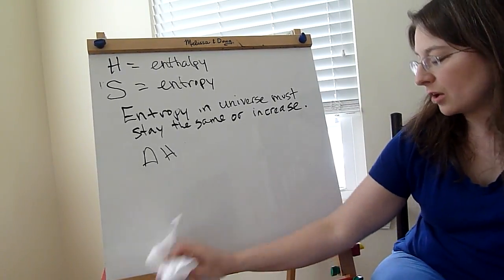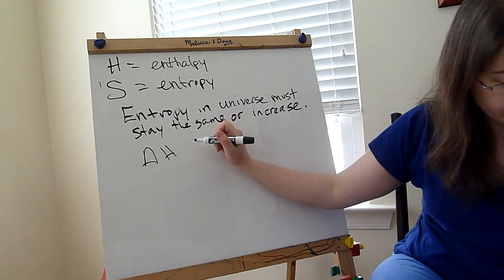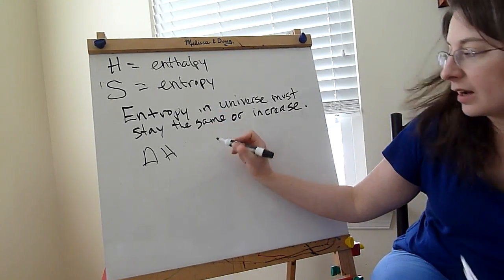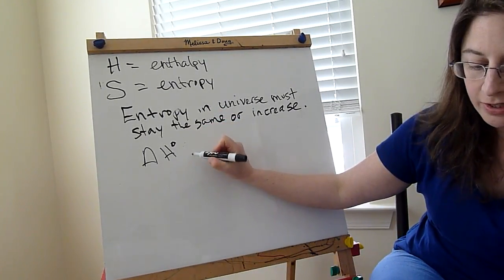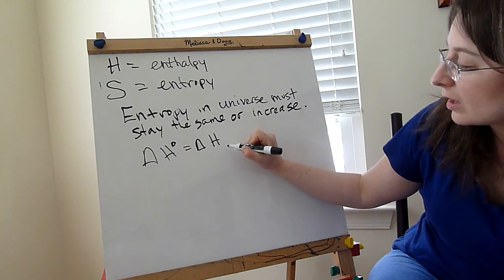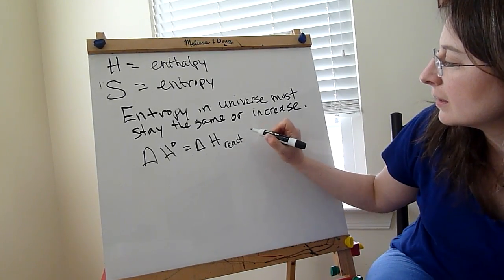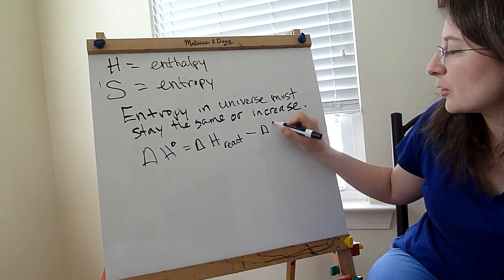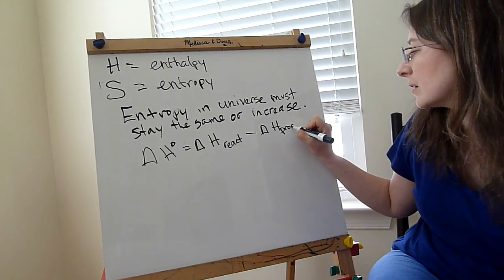Okay, so Hess's law says that change in enthalpy at standard conditions is going to be the change in enthalpy of the reactants minus change in enthalpy of the products.